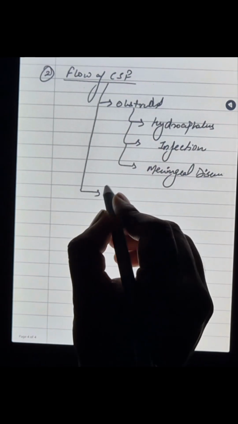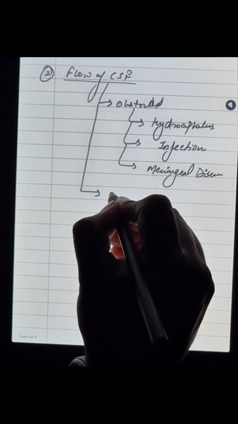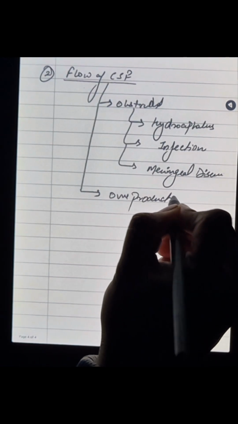Or whenever there is overproduction of CSF.